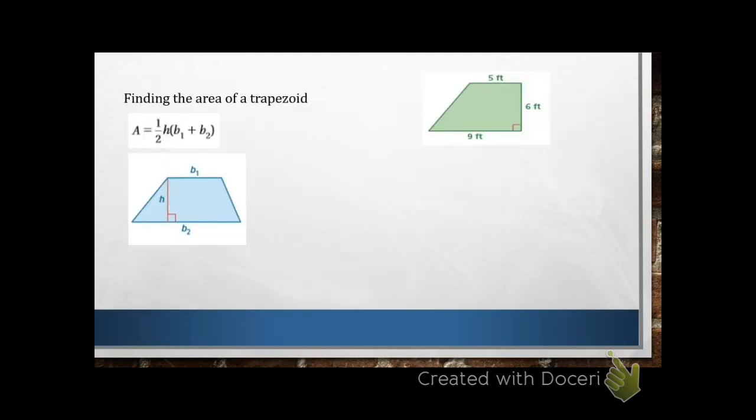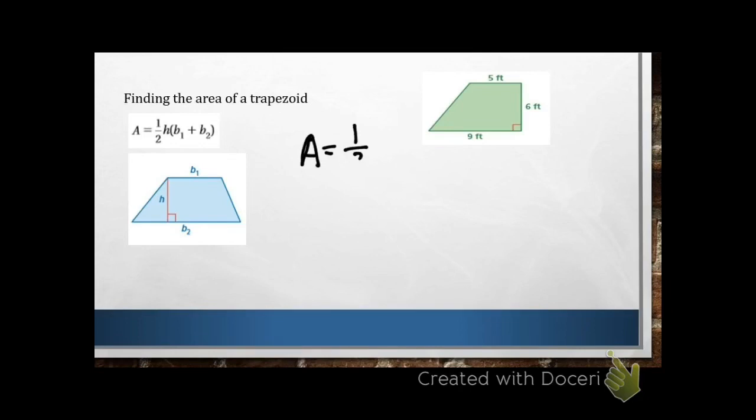All right, so we know for finding the area of a trapezoid, we're going to use this formula: 1/2 of the height, adding the bases together and multiplying by the height, and then finding 1/2. So let's go ahead and look at this shape. And this time I want you all to try it. I want you to see if you can fill in.